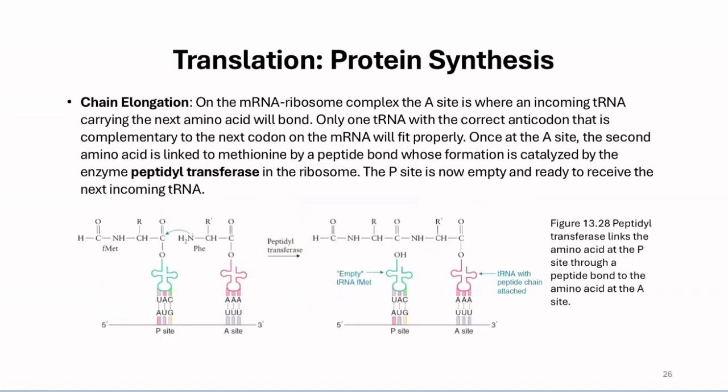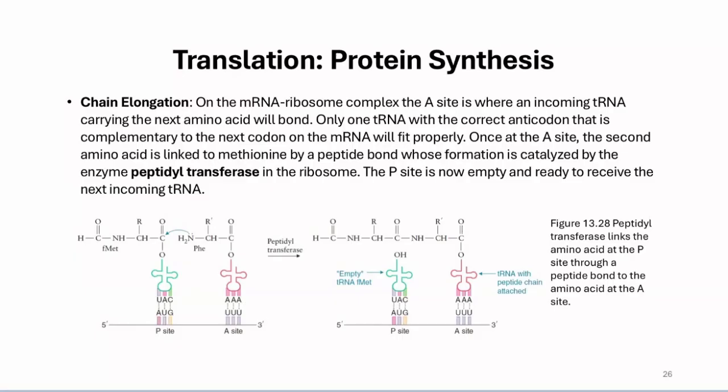Next, this chain needs to be elongated. And in figure 13.28, we see the chemistry that occurs inside of the ribosome in order to elongate the formation of the protein that is directed by using the mRNA as a template.